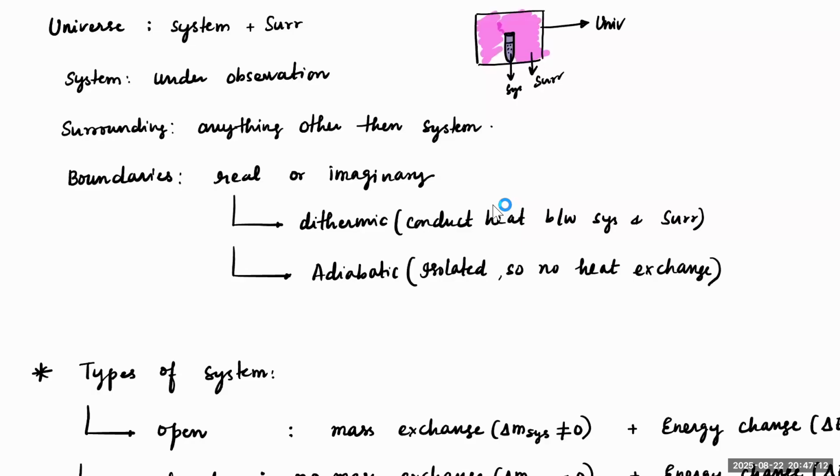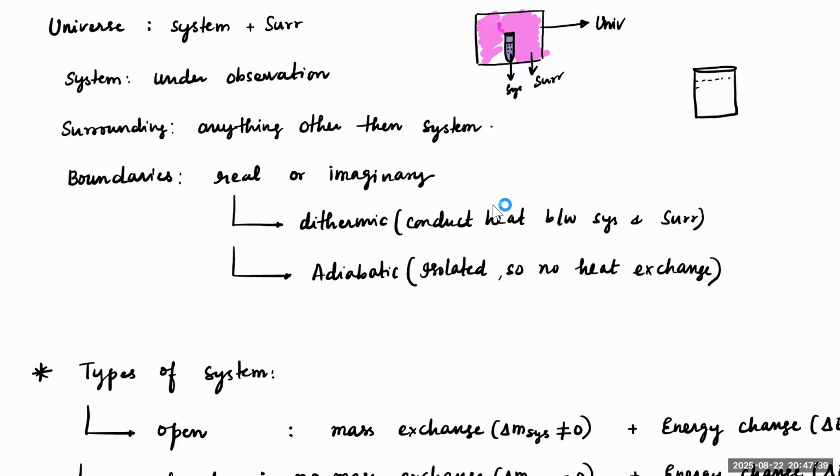Got it? Now, system and surroundings are always divided by boundaries. Got it? And these boundaries could be real boundaries or imaginary boundaries. If they are real boundaries, for example, if I take a glass of water and I'm trying to observe what's happening to the water's temperature and so on.